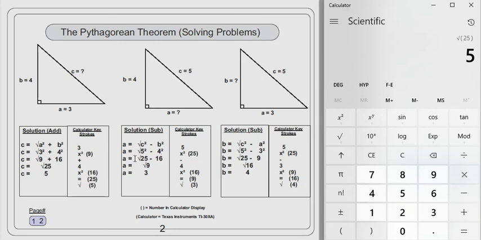And A is equal to the square root of 25 minus 16. A is equal to the square root of 9. And 9 square rooted is 3. And here's your calculator strokes right here. Here's your hypotenuse is 5, or C. So 5 squared minus 4 squared equals square root.